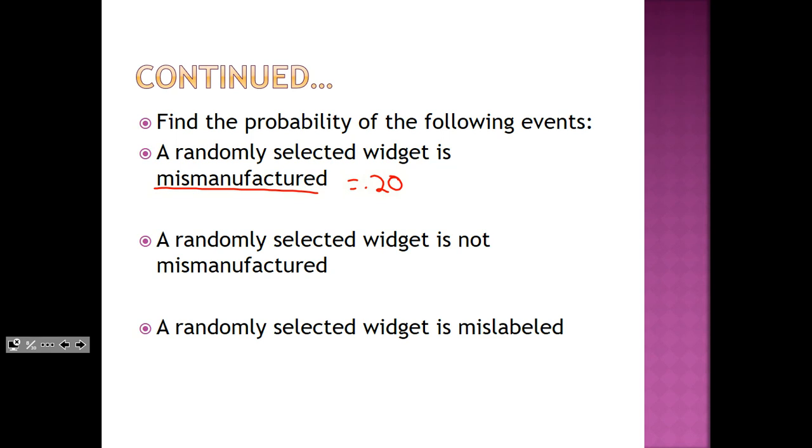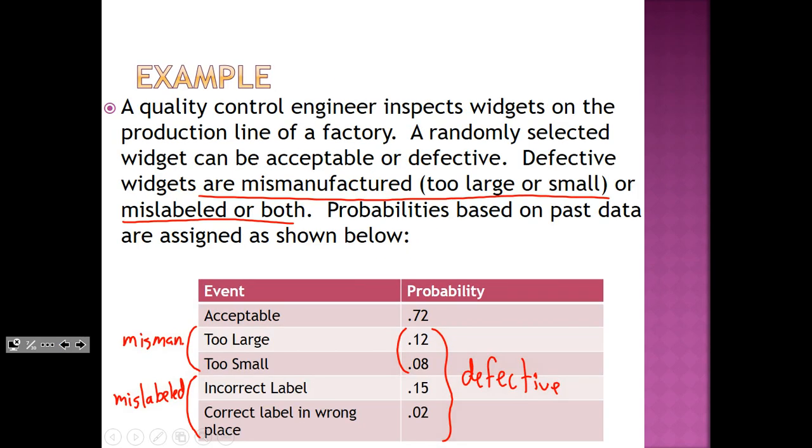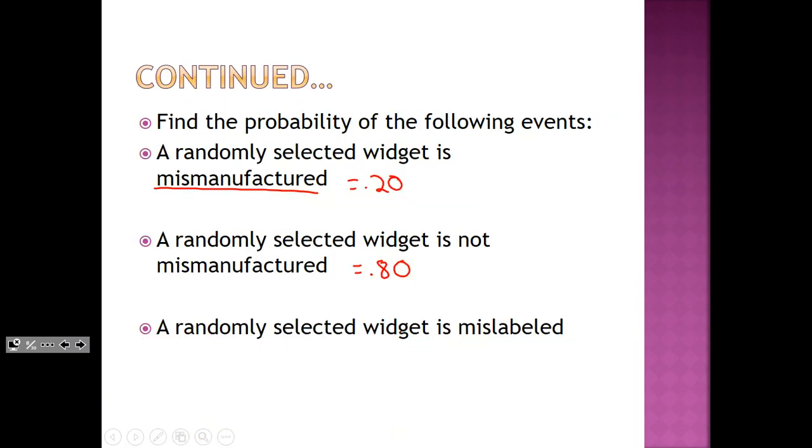Well, if it's mismanufactured, it's 0.2. Then not mismanufactured would be 1 minus that, 0.8. Okay, mislabeled. Let's go back. There's my mislabeled. 0.15 plus 0.02, so 0.17. So not terribly hard once you read everything carefully and look at the fine details.